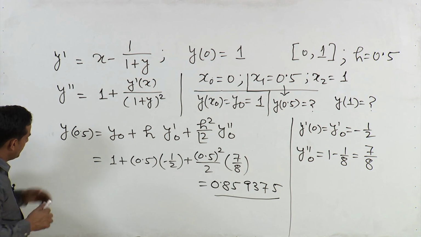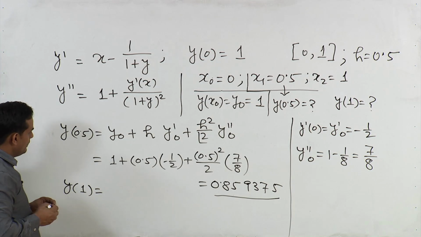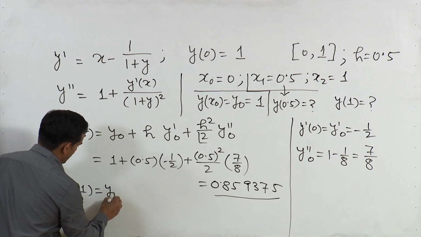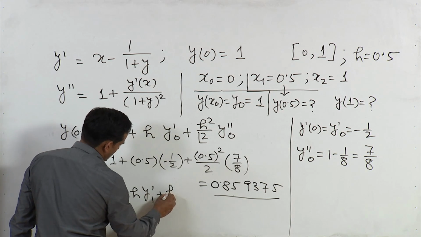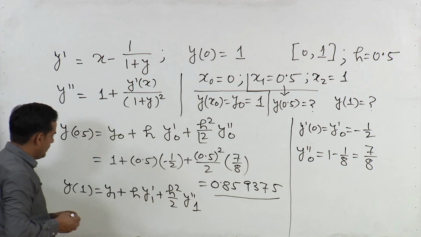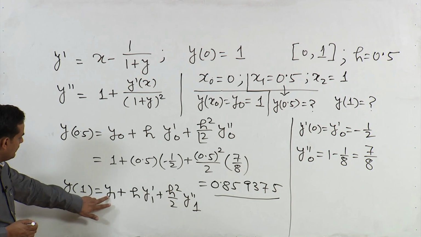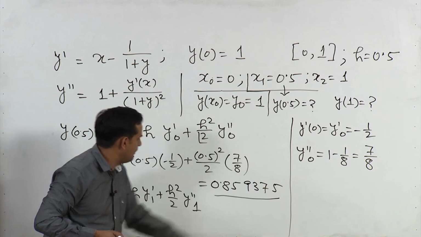Again, if I want to calculate y at 1, what will I use? I will use y1 plus h times y prime 1 plus h square upon 2 y double prime 1. So, I have the value of y1, which is 0.859375.